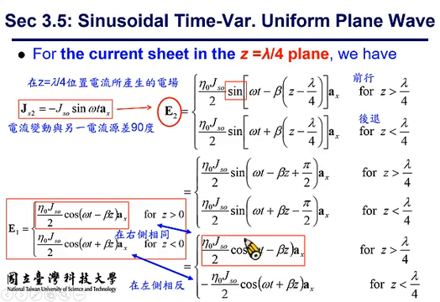So for the region between 0 and lambda over 4, you are adding up these two terms. You notice that one is in the form of cosine omega t minus beta z, and the other is in the form of cosine omega t plus beta z. So you have cosine alpha plus beta plus or minus cosine alpha plus beta.